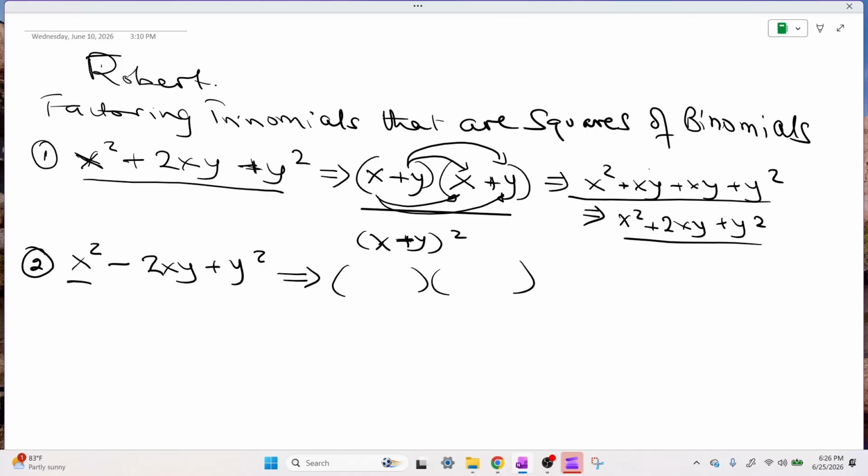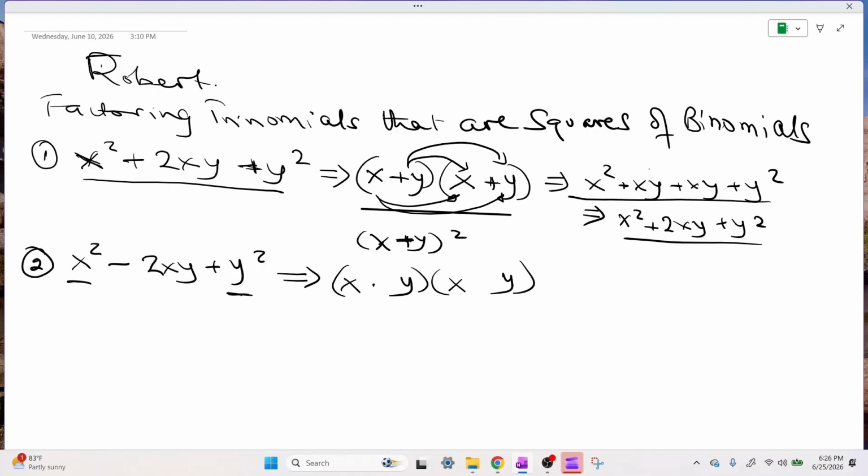So we look at our x here and say, okay, we'll have our x there and another x there, because once we multiply x by x, we'll get x squared. But then we also have a y there. So we have y and then we have y here. Now, the issue is we need to have minus 2xy.